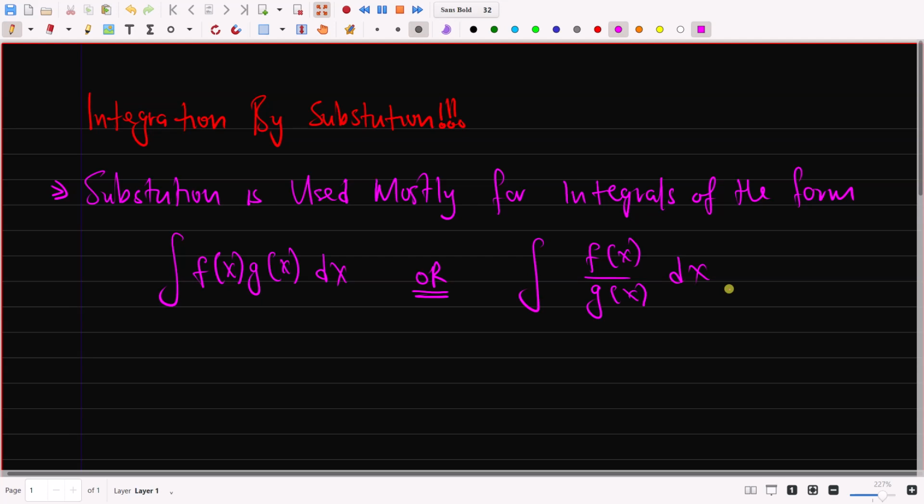But in order for you to know whether substitution can work or not, you have to know how to do a background check. And how do we do a background check?